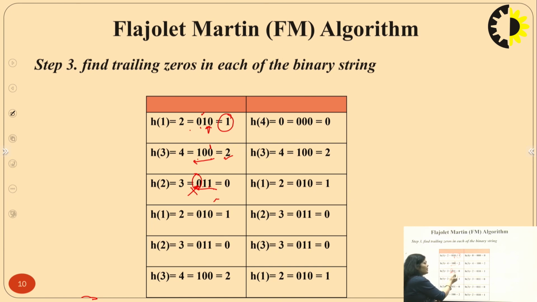So we have written 0 here. Similarly, for 0, 1, 0, we have 1 trailing 0, this one. For 0, 1, 1, again no trailing zeros we can count. And for 1, 0, 0, since this is 1 and after this there are 2 zeros, or 2 trailing zeros, we count it as 2. This way we have repeated for each and every element.